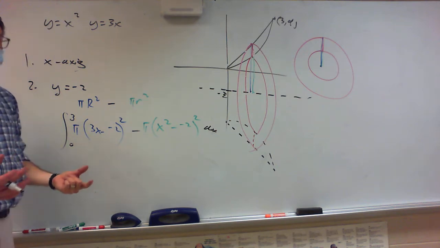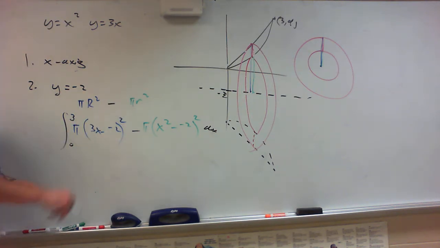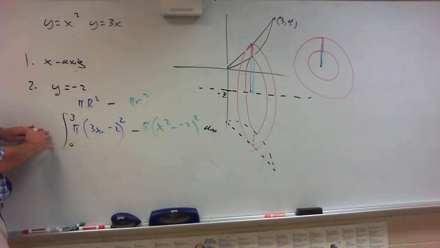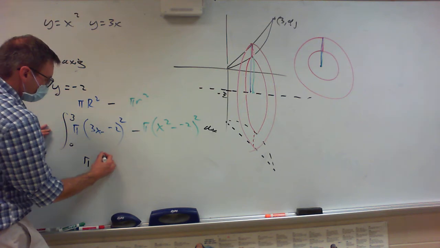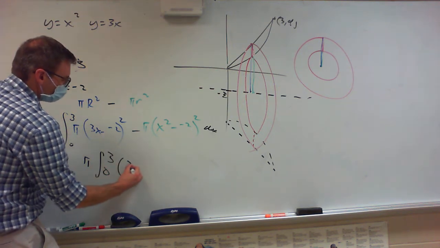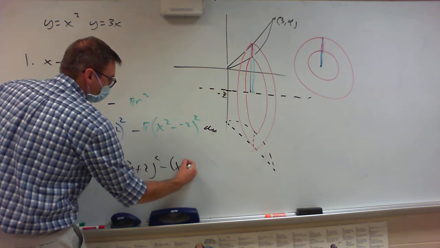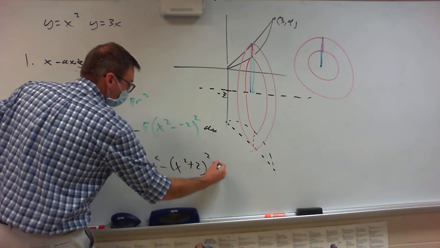Now, if this was a question on the AP exam, this is not how they would give it to you. This would not be your answer. They would factor the pi's out. What they would have is pi times the integral from 0 to 3 of 3x plus 2 squared minus x squared plus 2 squared dx.